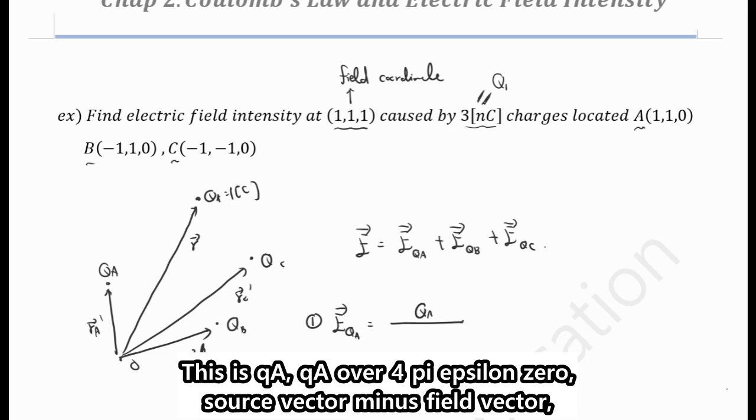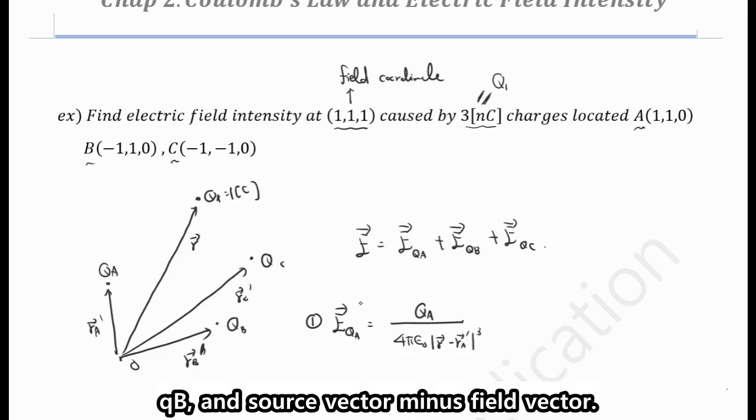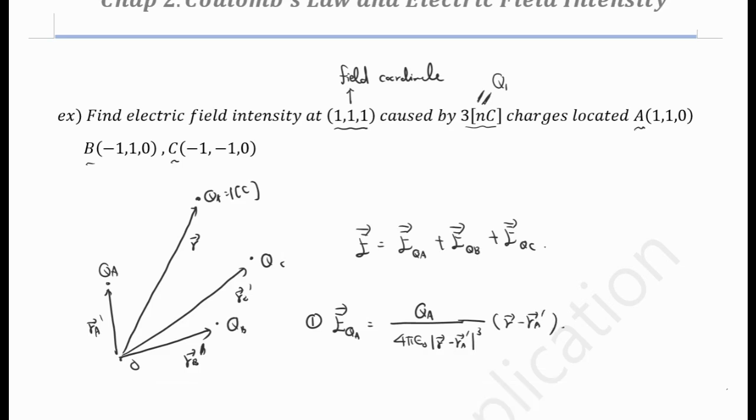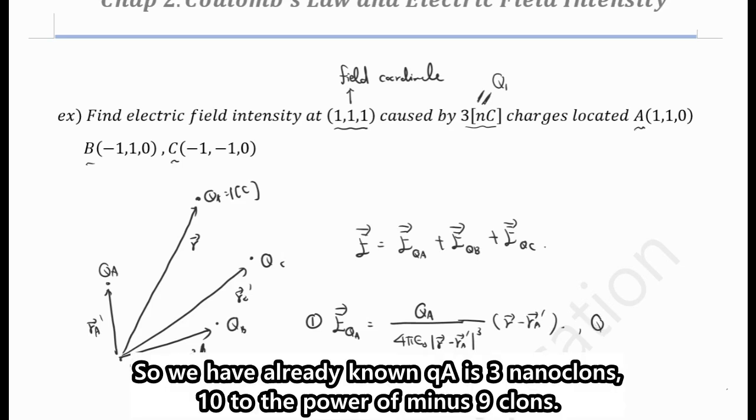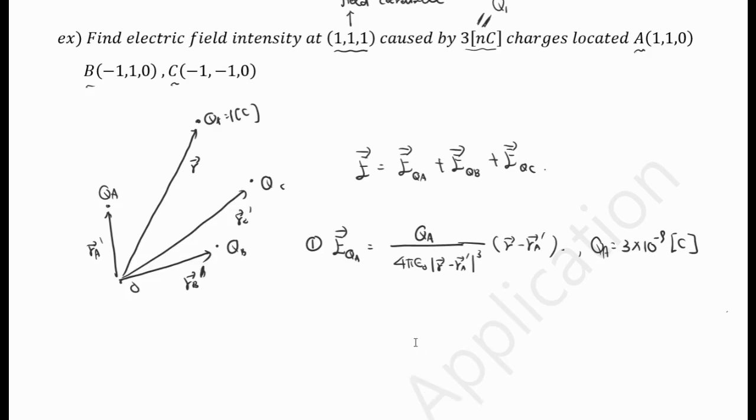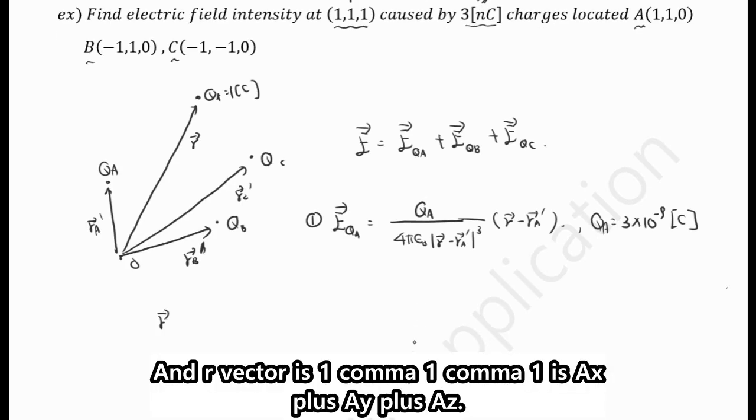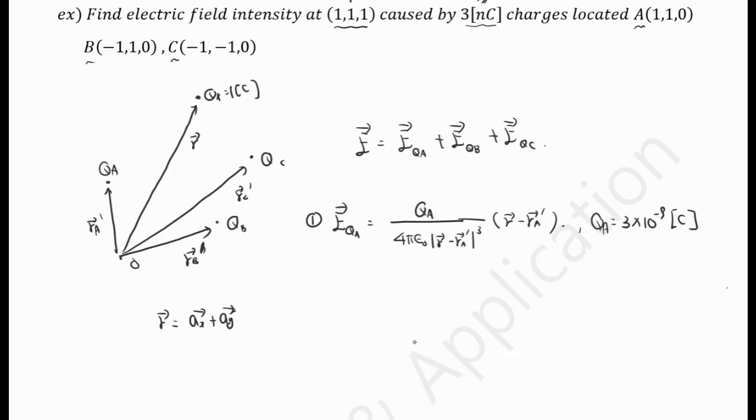This is QA over 4 pi epsilon 0 times the magnitude of source vector minus field vector cubed, times the vector difference. We already know QA is 3 nanocoulomb, 10 to the power of minus 9 coulomb, and R vector (1,1,1) is AX plus AY plus AZ.